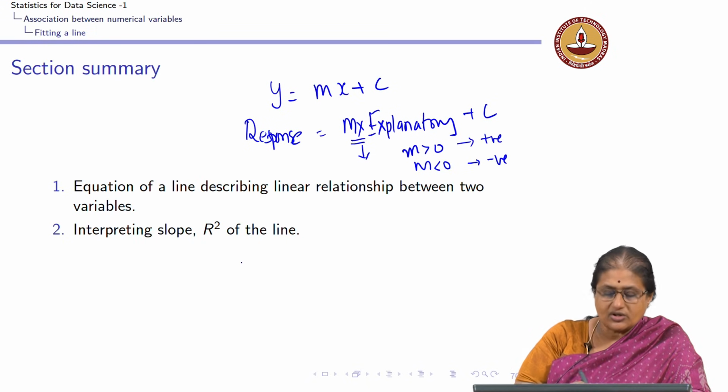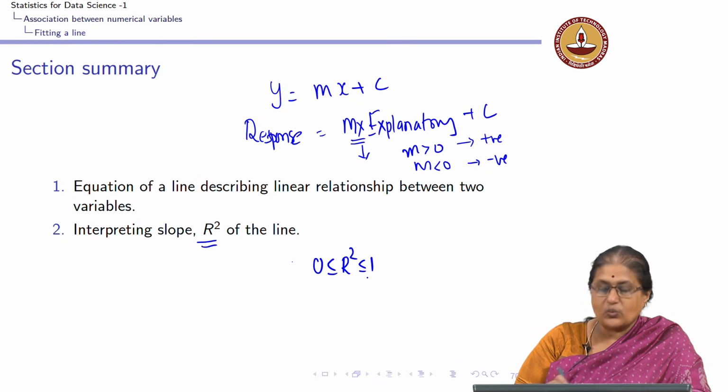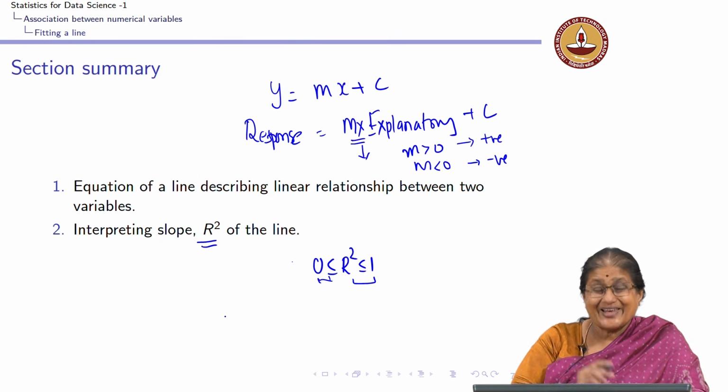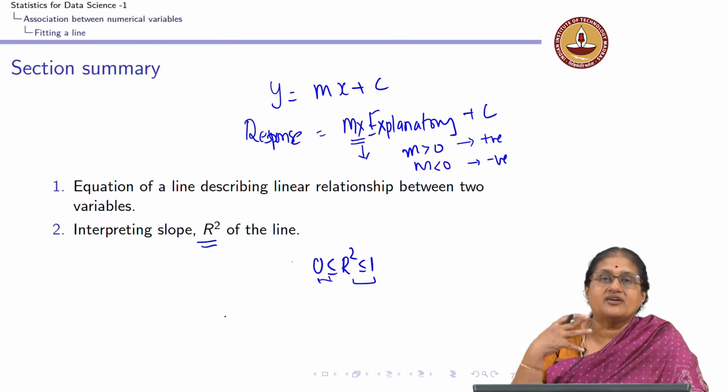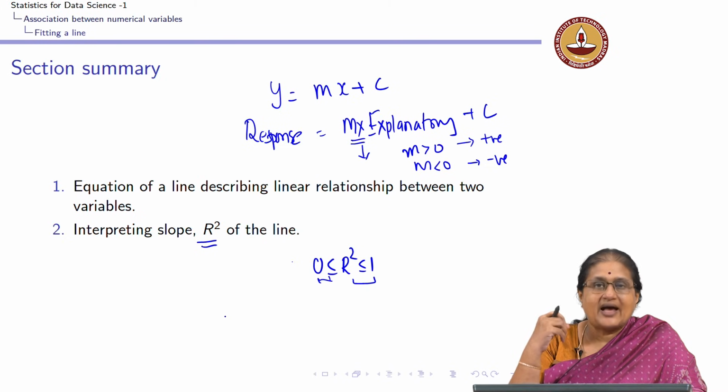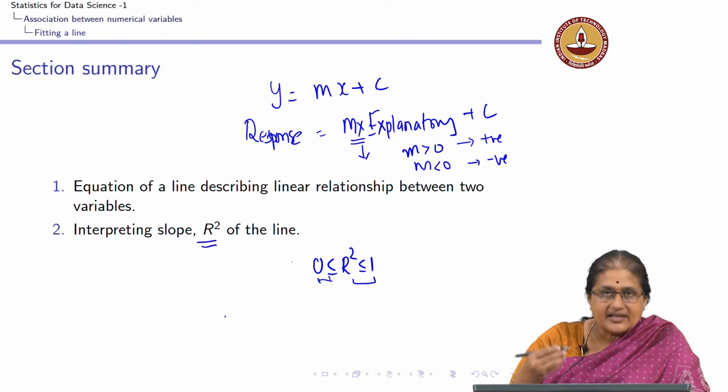And we also defined what is R square, which is a goodness of fit measure. R square lies between 0 and 1, and if it is closer to 1, we are getting a good fit. When I talk about a fit, I mean that the line is not capturing the variability in the data as much as in the other case.